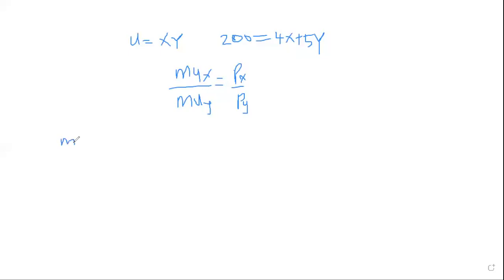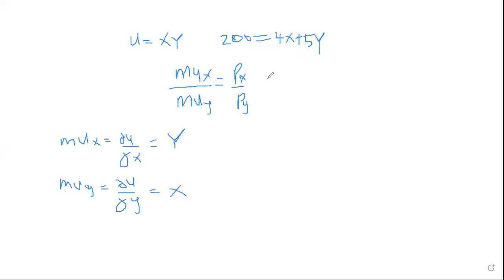Now, marginal utility of x is the derivative of u with respect to x, and from that, you see that it's y. And then the marginal utility of y is the derivative of u with respect to y, so you see that it's x.